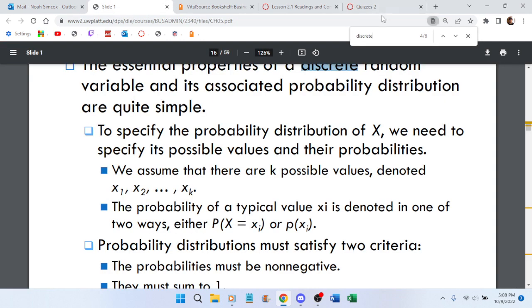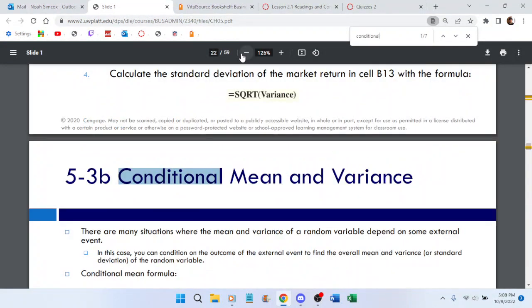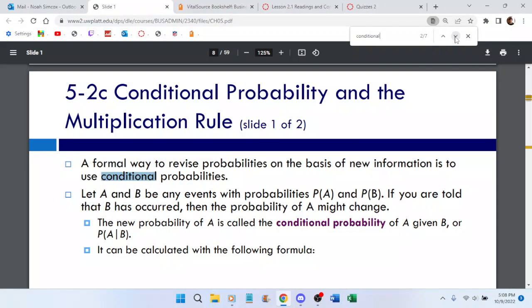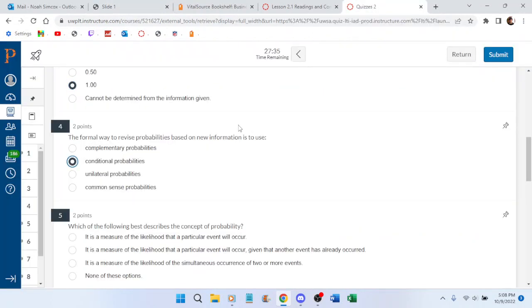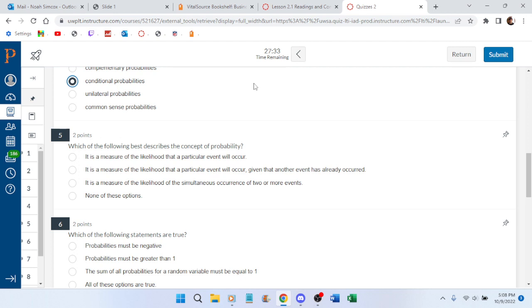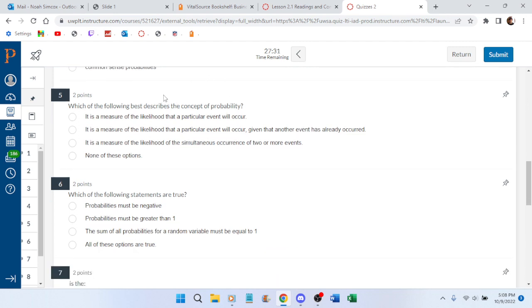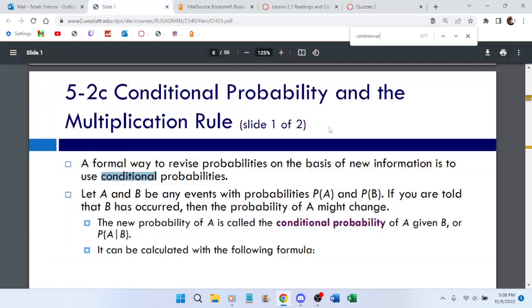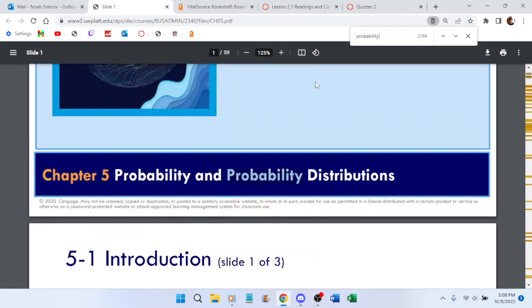I think it's conditional. Yes. See? Stop. Best describes the concept of probability. Measure of the likelihood that something will occur. It would seem to be 1, right?